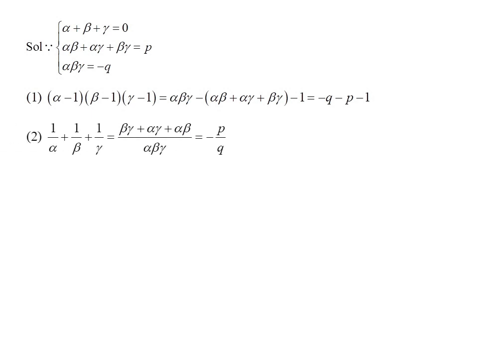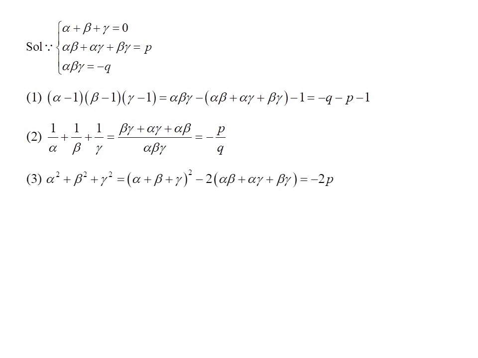We evaluate the sum of the reciprocals in the second question by combining three fractions into one fraction. So it is equal to the sum of beta gamma, alpha gamma, and alpha beta divided by the product of alpha, beta, and gamma. According to the relations shown in the simultaneous equations, the sum of the reciprocals of the roots equals negative p over q.